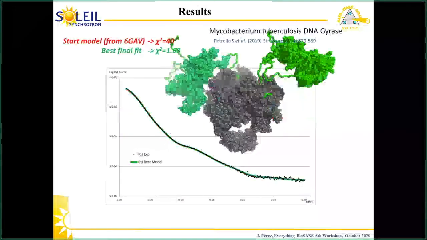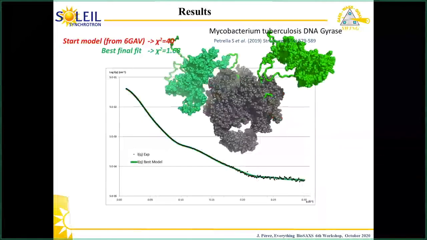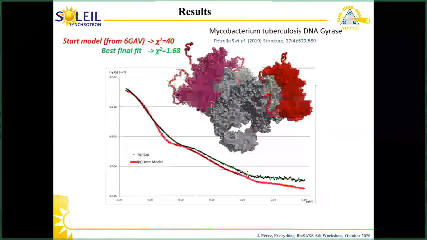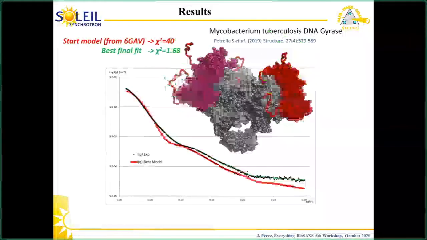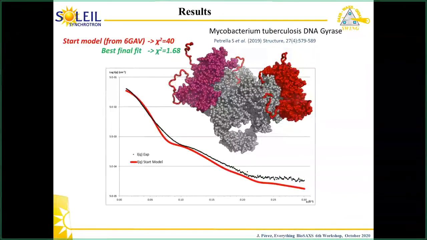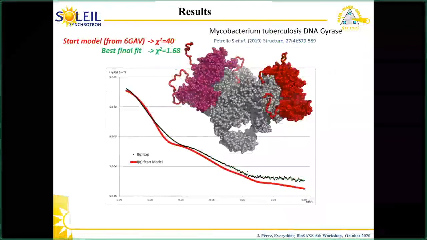So this is an example, the example I just described, corresponding to the input file I've just described, where the initial structure in red was the crystal structure.